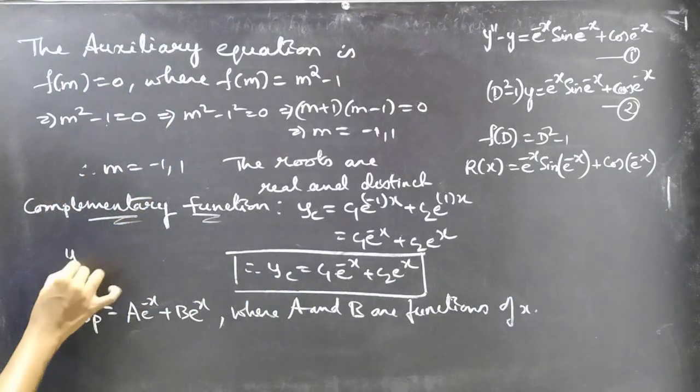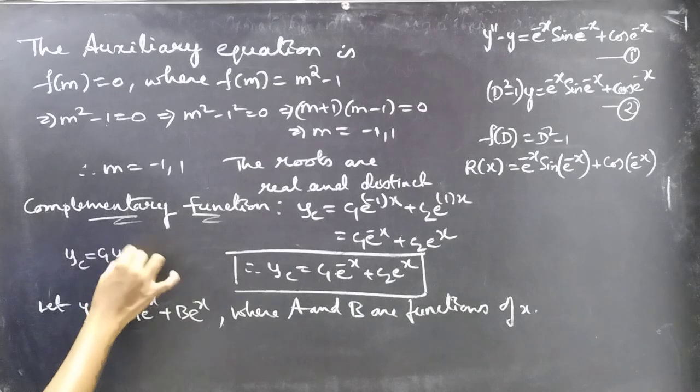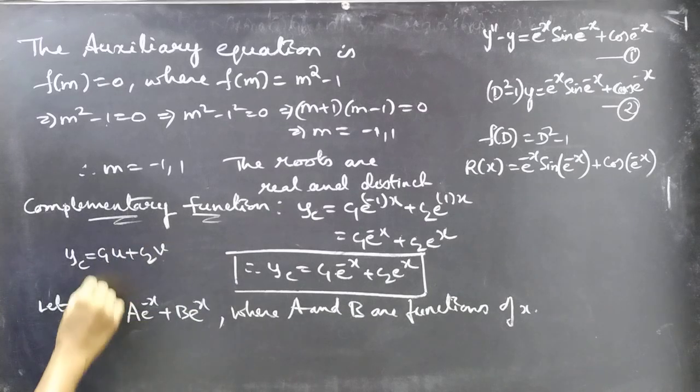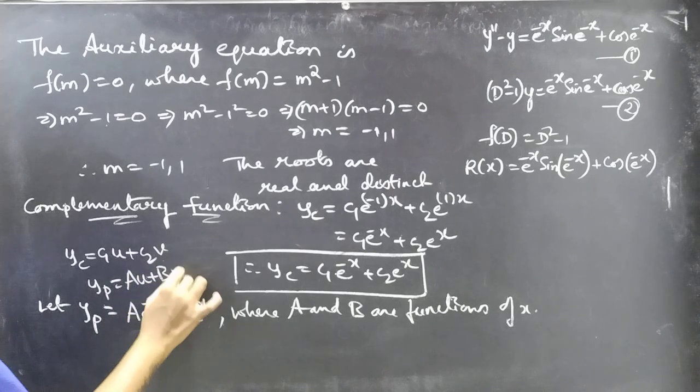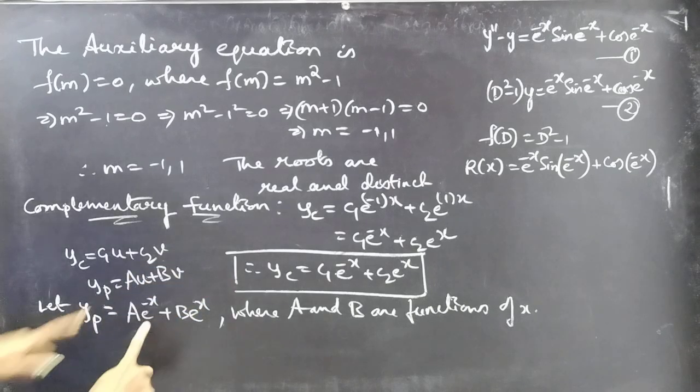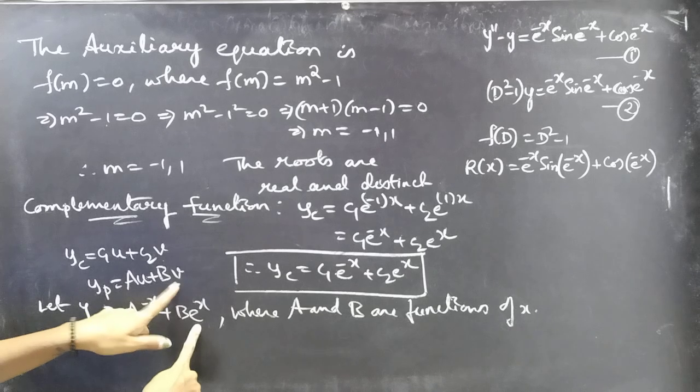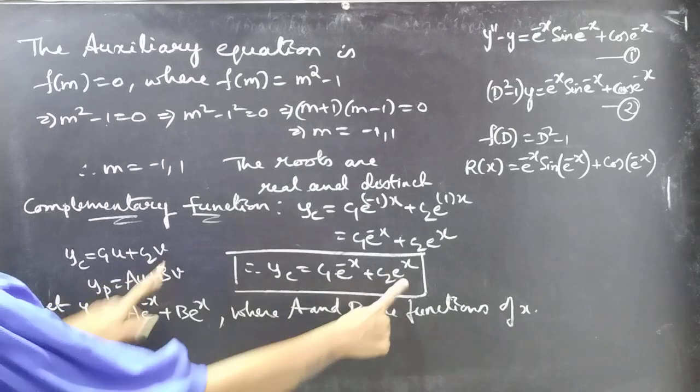You can compare yc with c1 u plus c2 v, or yp with A u plus B v, so that you'll get u and v, where u is e^(-x) and v is e^x. U is e^(-x), v is e^x.